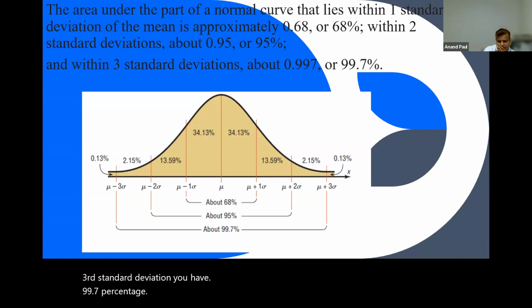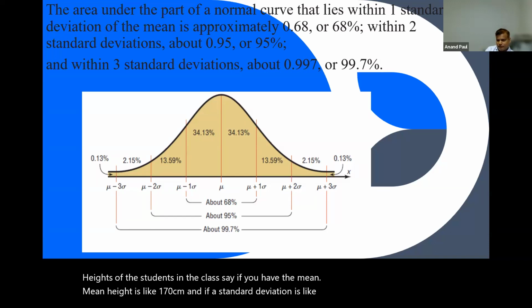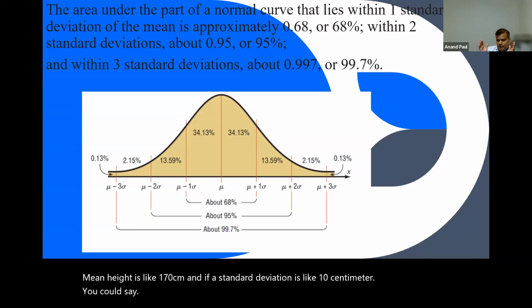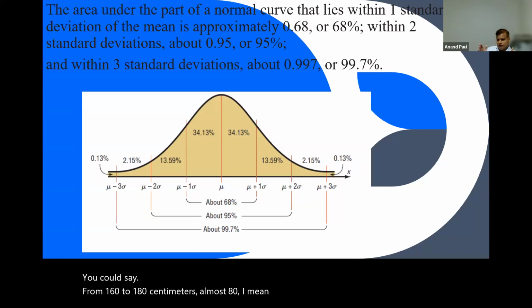It's like saying, if you have the heights of the students in the class, say the mean height is 170 centimeters and the standard deviation is 10 centimeters, you could say from 160 to 180 centimeters, almost 68% of students would fall under that category.